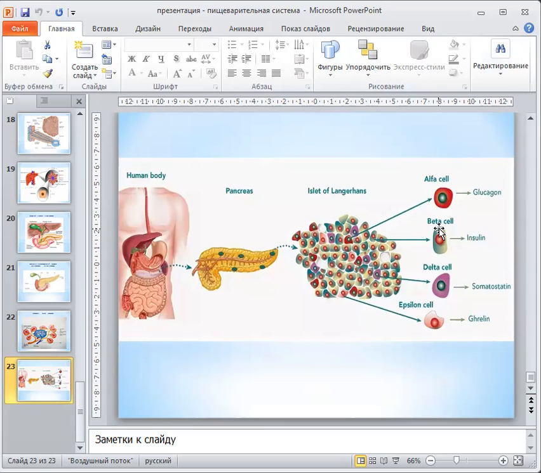The beta cells, which excrete insulin. The alpha cells, which excrete glucagon. Delta cells, which excrete somatostatin. The PP cells, which excrete pancreatic polypeptide, and others.